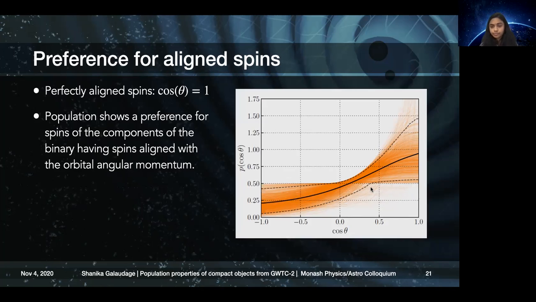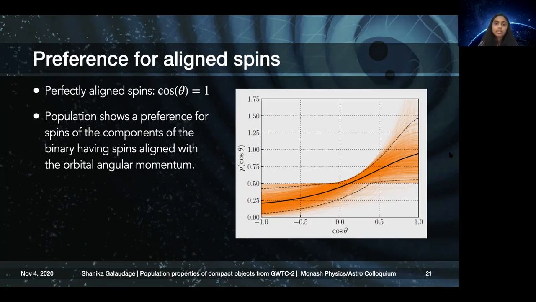So there is a preference for aligned spins, which is what you would see if your population evolved through the isolated channel.